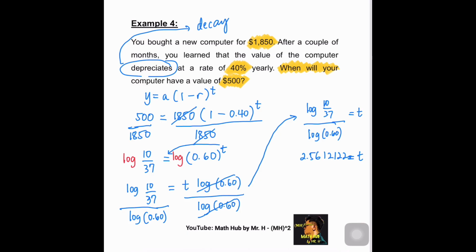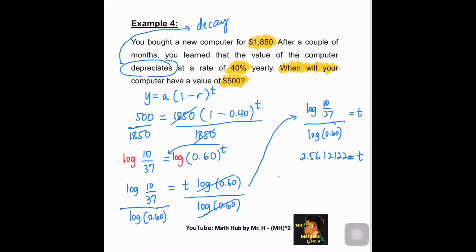All right. And since the question is asking when, so we're talking about the number of years, right? When the value of the computer will be down to $500. That was initially bought for $1,850.